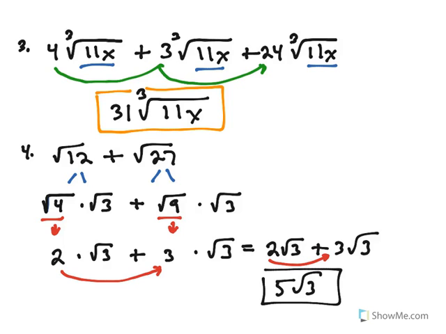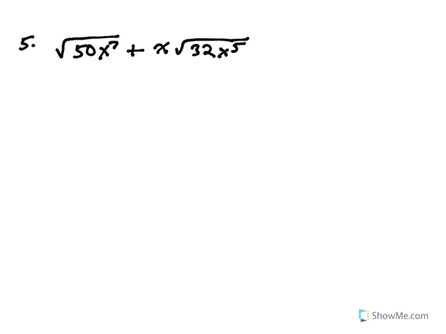All right. So let's do another one. I think this is 5, right? Yeah, 5. And we're going to take the square root of 50 x to the 7th, plus x times the square root of 32 x to the 5th power.